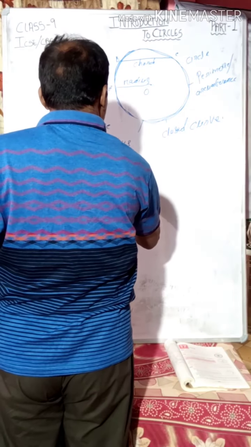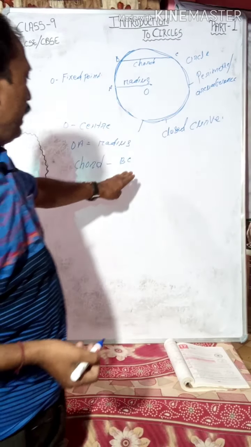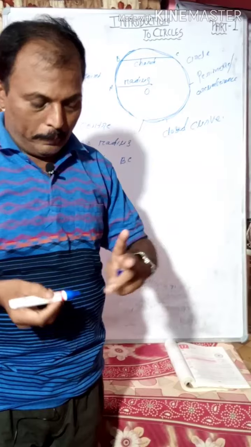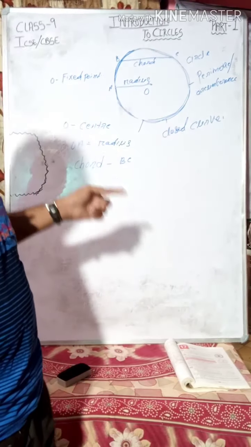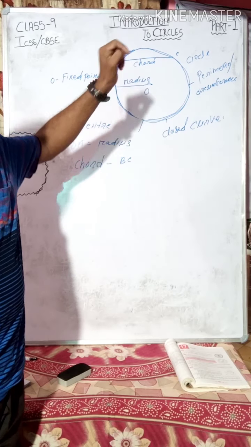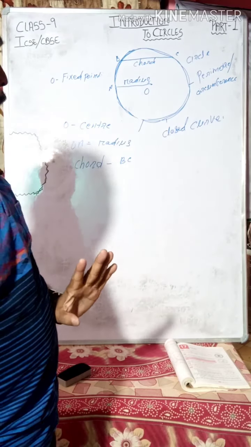So here BC is the chord of the circle. You can write the definition of a chord: the line segment joining two points on the circumference is called the chord of the circle.